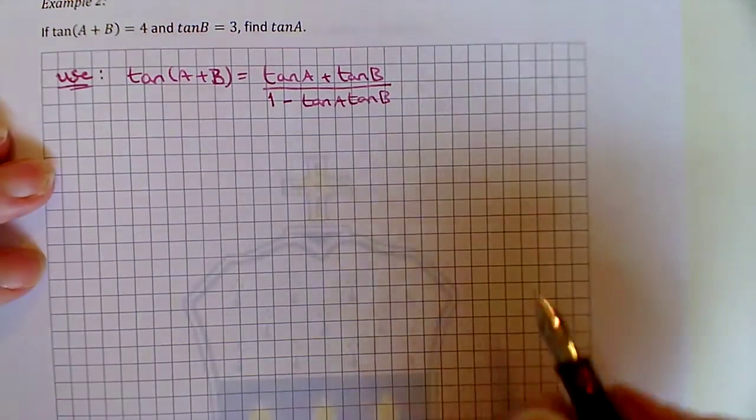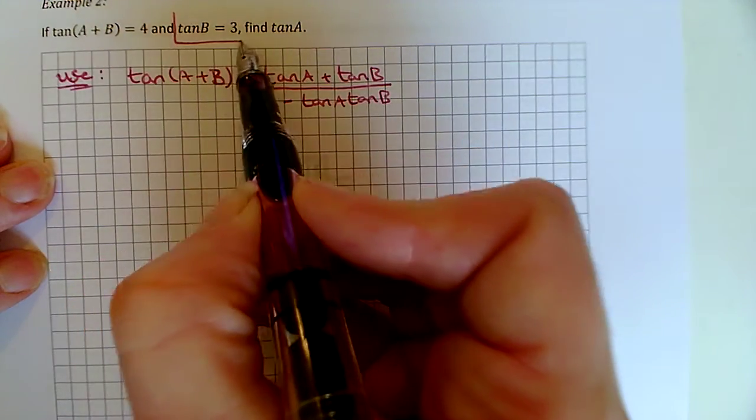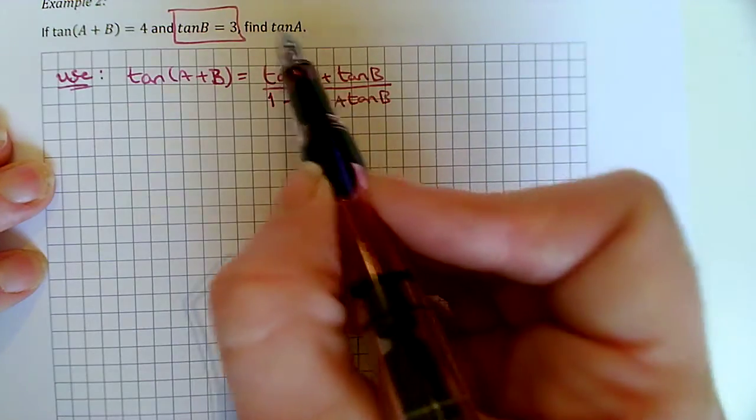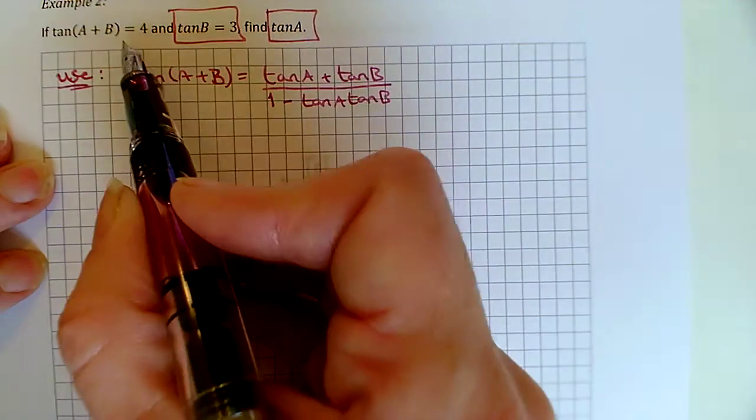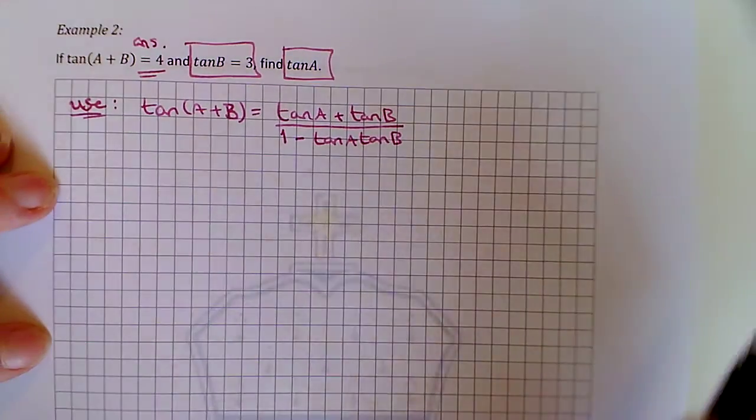In terms of filling into this formula, we know the value of tan of b, we don't know the value of tan of a, and we know the answer. So this is kind of a working backwards question already.